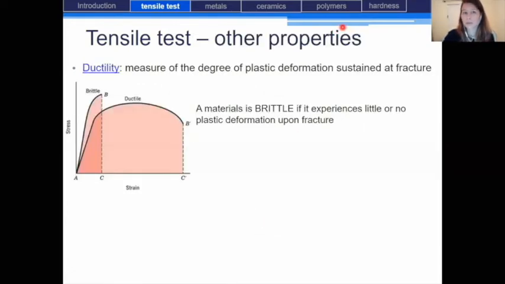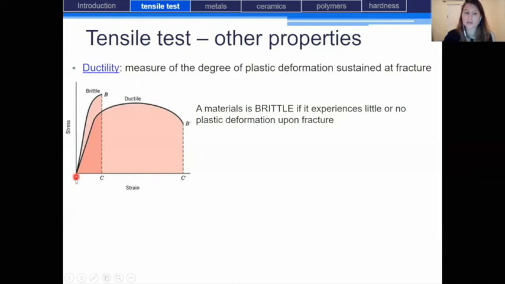So after having performed a tensile test, we can define other properties by using the results, so using the stress-strain curve. And the first property is ductility. So ductility measures the degree of plastic deformation sustained at fracture. So on this graph, you can see two very different behaviors.